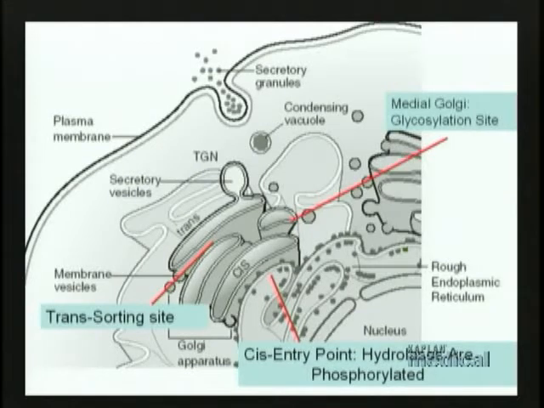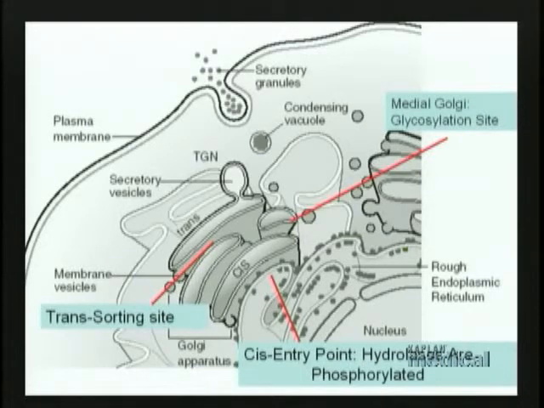You could see, for example, that the cis portion of the Golgi apparatus is closely applied to the rough endoplasmic reticulum, and this is typically the point where the newly synthesized proteins generated by the rough ER are entering the Golgi apparatus. In particular, we make a point down at the bottom of the slide. This is where the hydrolase-based enzymes destined for incorporation into lysosomes are entering after being synthesized in the rough ER.